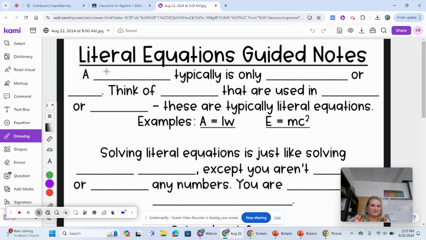So first we're going to fill in a literal equation. It typically is only letters or variables, because we're big kids and we say variables.